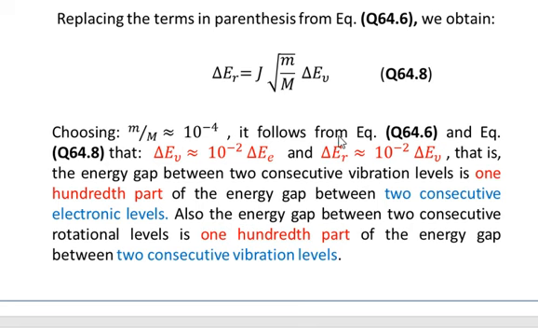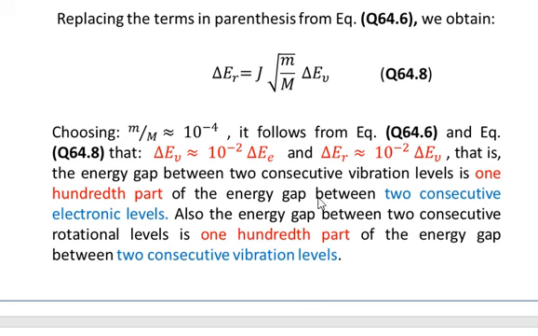Also, from the last equation, that is from this equation in red, the energy gap between two consecutive rotational levels is 1/100th part of the energy gap between two consecutive vibrational levels. So we have obtained the expression for the energy difference between two consecutive electronic states, between two consecutive vibrational states, and between two consecutive rotational states.